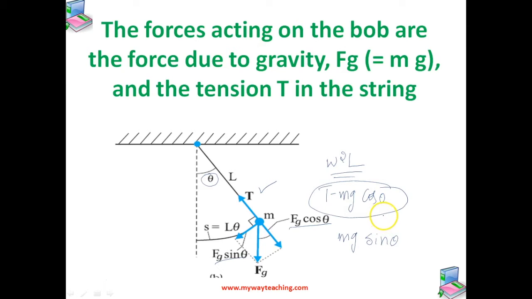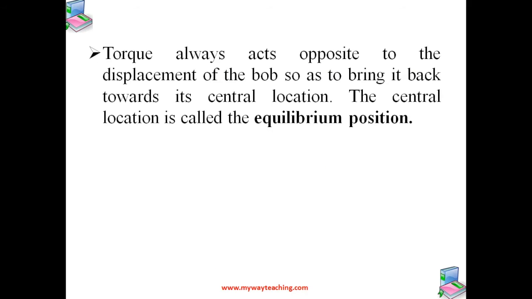It is more convenient to work with the torque about the support, since the radial force gives zero torque and the torque tau about the support is entirely provided by the tangential component, that is mg sin theta. The torque due to the radial force is always zero.